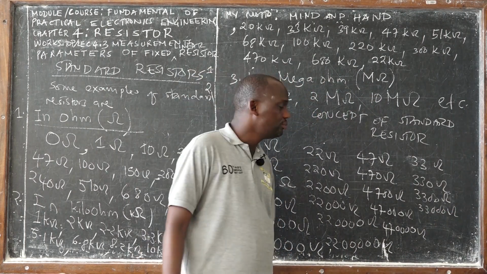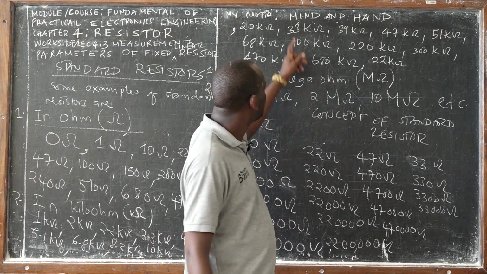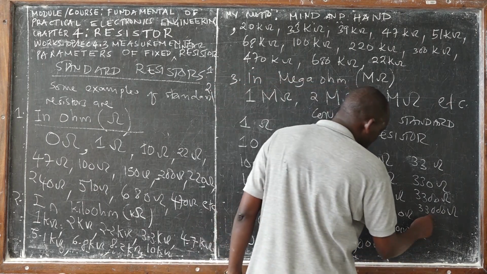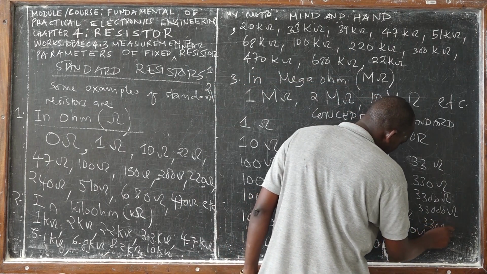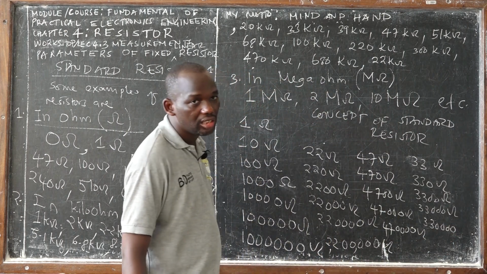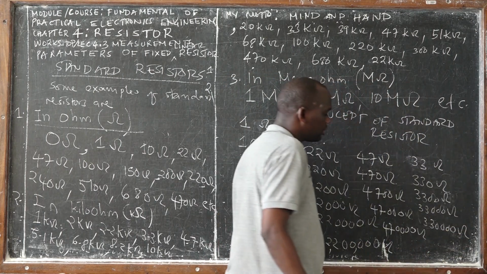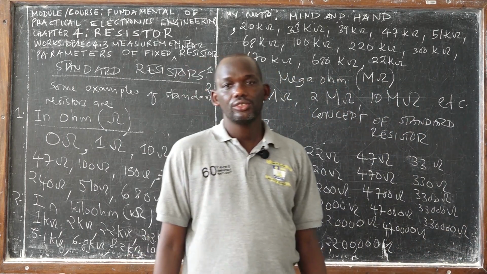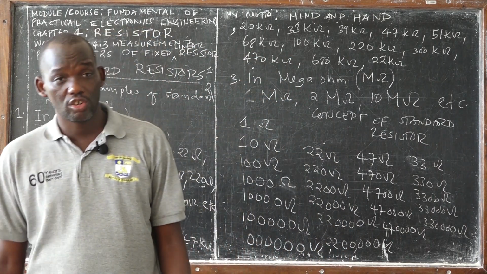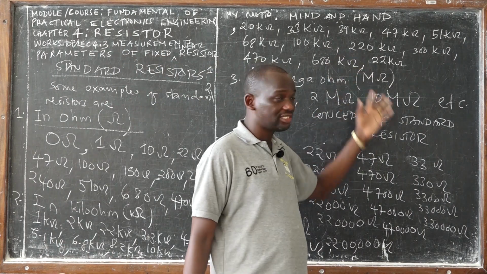Correspond to how many kilo ohm? 33 kilo ohm. Do you have it? The next is what? 330,000 ohm. So correspond to how many kilo ohm? 330 kilo ohm. Right? Do we have it? We did not include it in this example, but it is there.